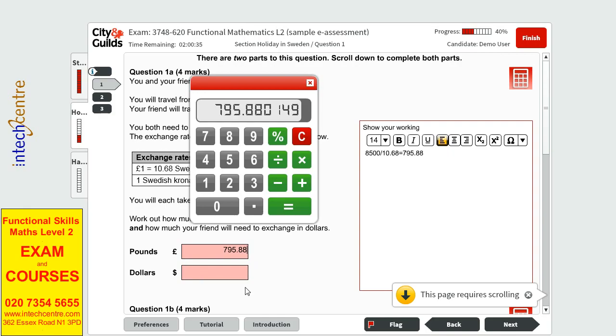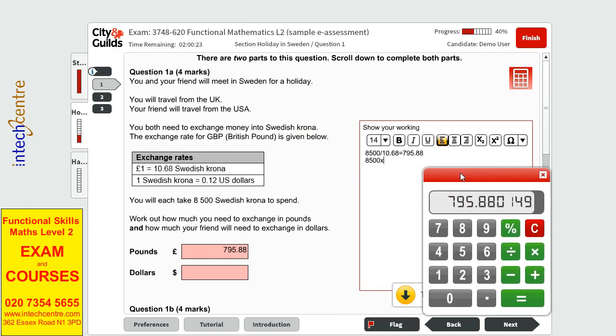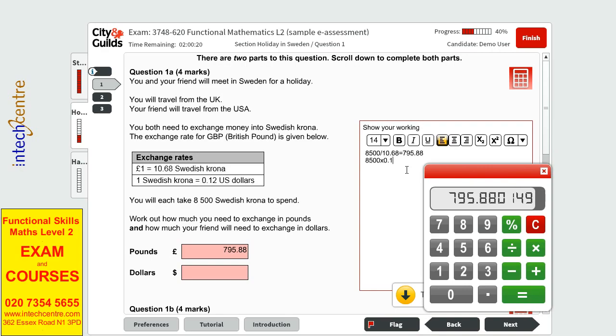For this one, we have 8,500 multiplied by 0.12, let's move the calculator aside. 8,500 times 0.12, and we will have $1,020.